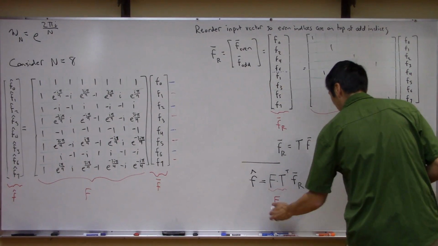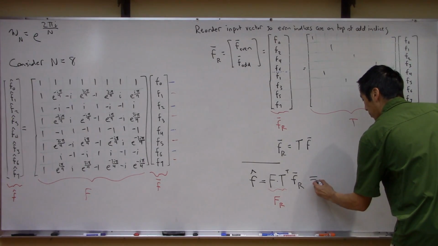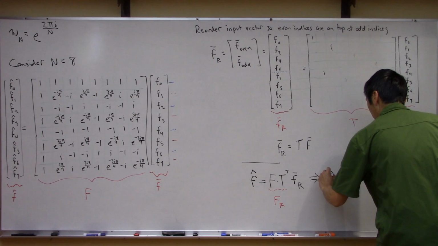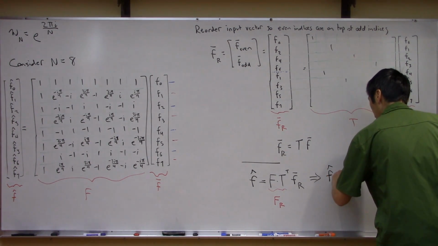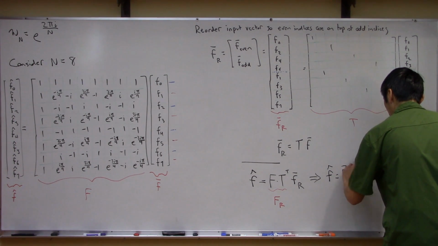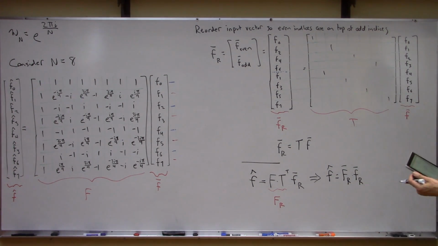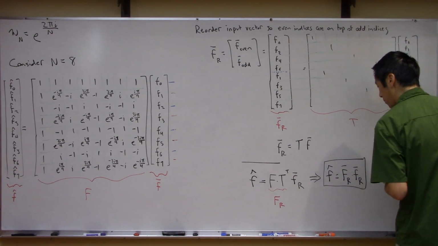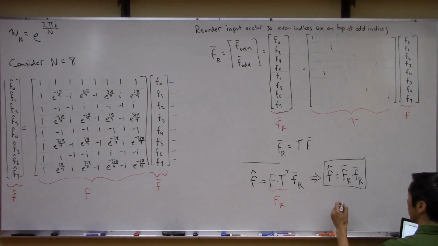Because what I'm saying is at the end of the day, we have an alternate representation of that same equation over here. It's just F hat, right, is equal to F reordered times the samples reordered. Like that, right? Okay?